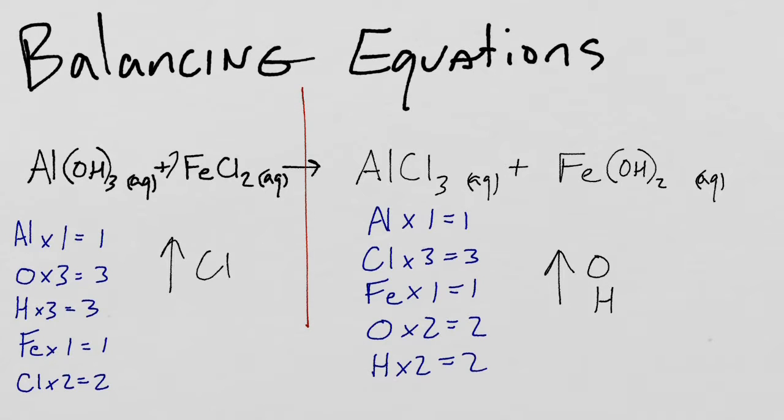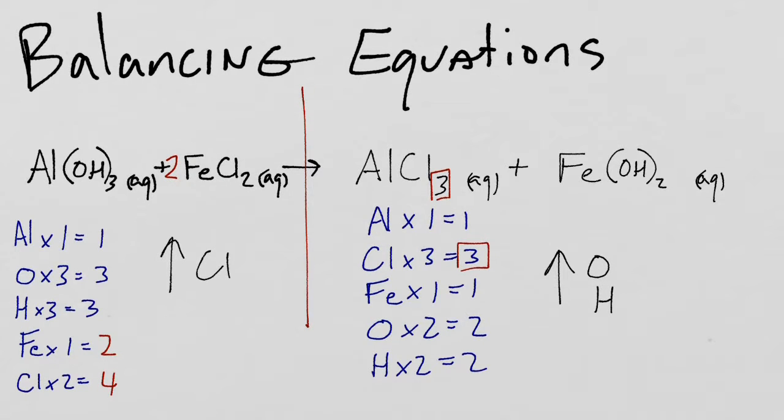We could put a 2 here, in a different color. We can put a 2 in front of the iron 2 chlorides. That gives us now, for our count, a 2 for iron, and it gives us 4 for chlorine. But I don't think that's going to work, because if we look over here at chlorine on the other side, we see that there's 3, and they come in 3s.